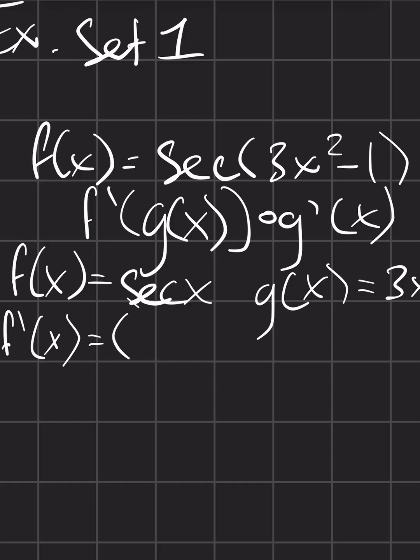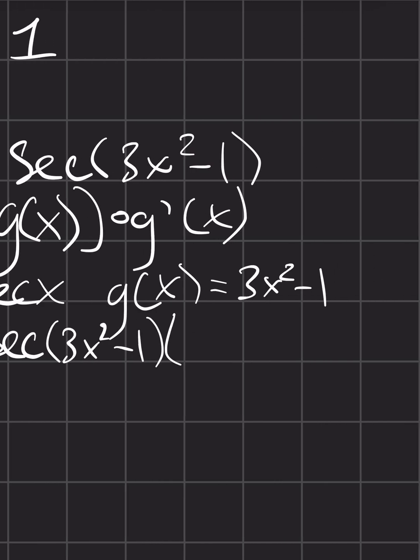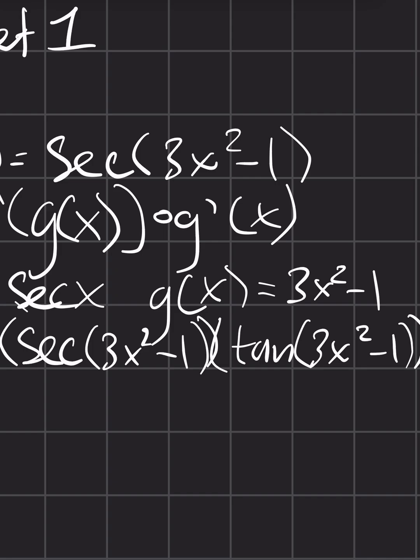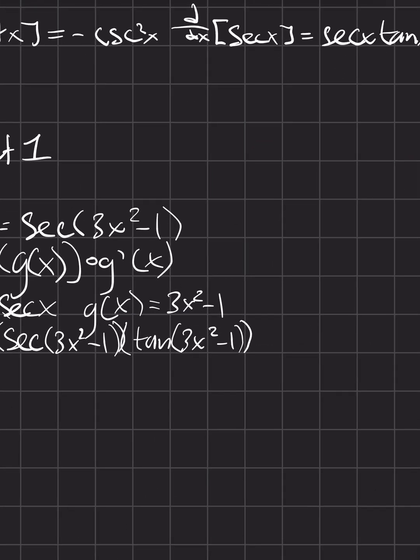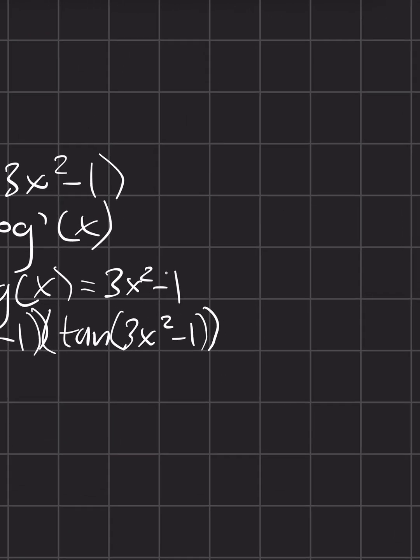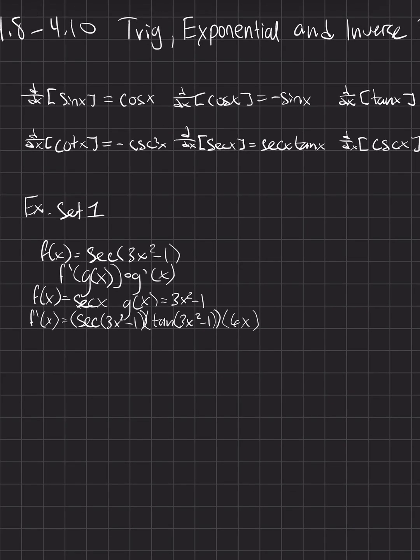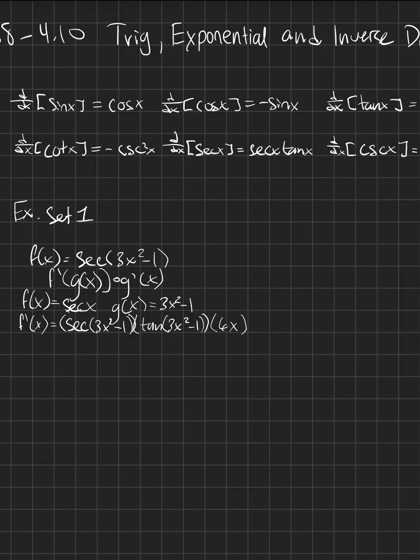So this is going to give us secant of 3x squared minus 1 times tangent of 3x squared minus 1. And then the last one is our derivative of g of x. We can see here, get rid of that negative 1 because it's a constant, so this is just going to become multiplied by 6x. And that is going to be our derivative for that function.